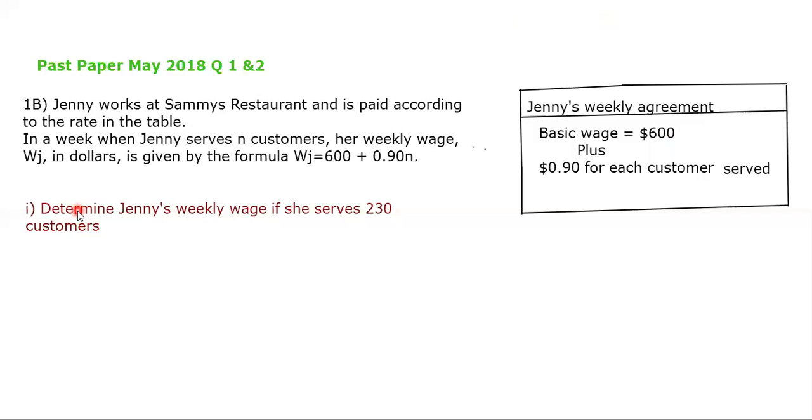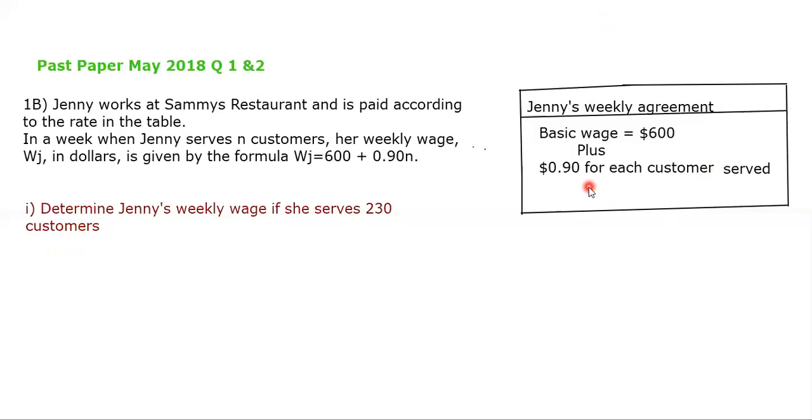Now the question goes on further to say, determine Jenny's weekly wage if she receives 230 customers. Now remember, what's the principle? What do we know? We know that for each customer served, we get 90 cents.